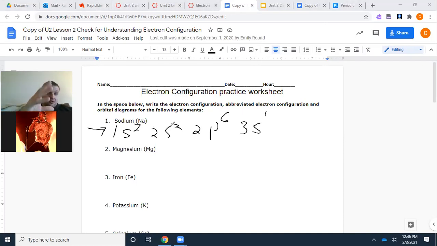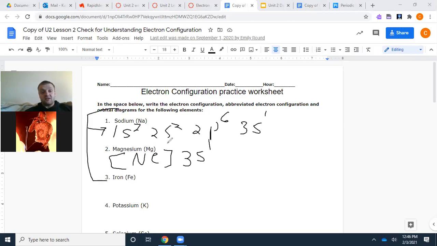I'm writing larger, but you can expand it on your sheet. So for number 1, that should be what you have after today. Number 2 would be magnesium. You just keep going on. If you need help with this, I am here to help you.